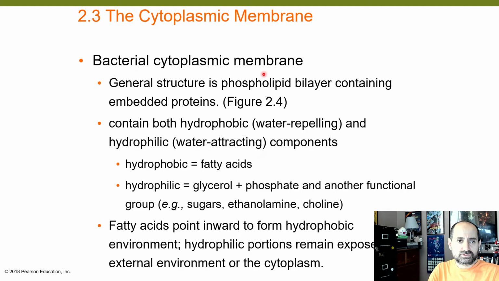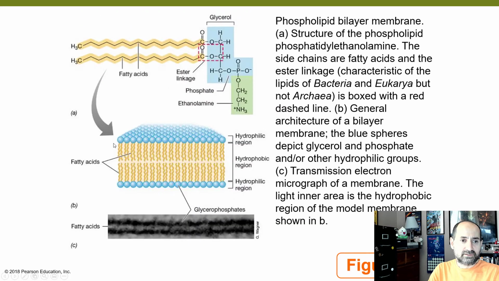And the general structure of the bacterial cytoplasmic membrane is a phospholipid bilayer with embedded proteins. You can see that here. This is the phospholipid bilayer. Much like the eukaryotic membranes, you have phospholipids.